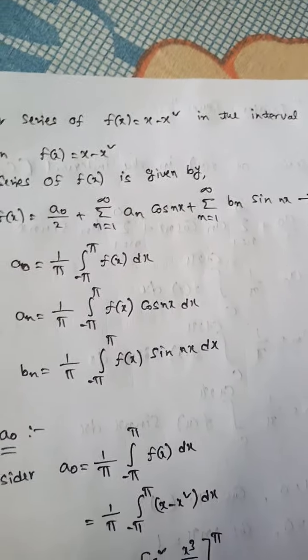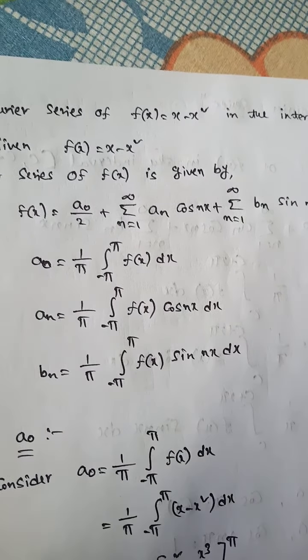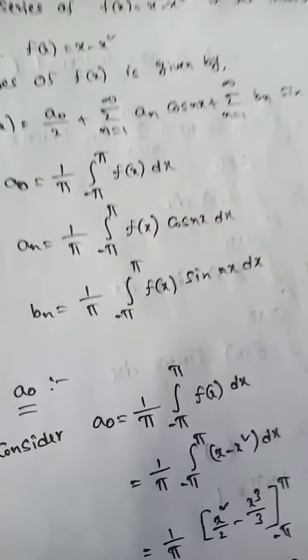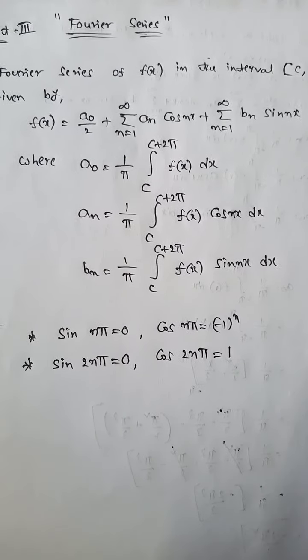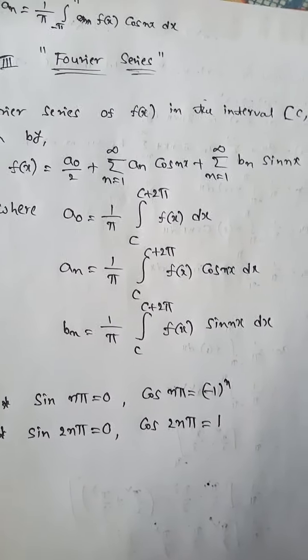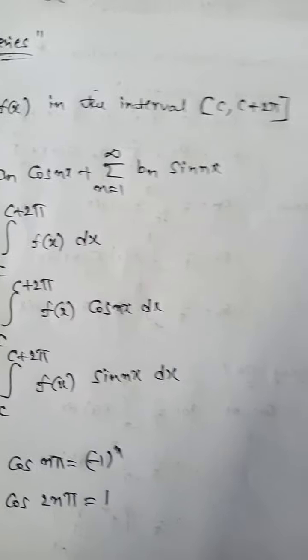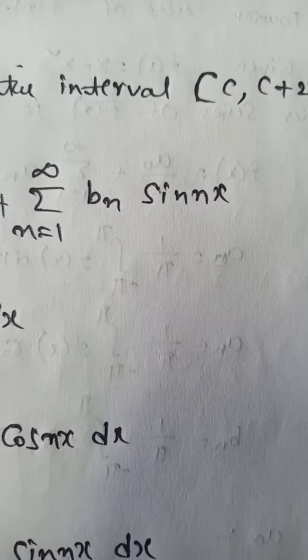Before moving on to the solution of this problem, we should have an idea of the formulas of Fourier series. The formula for the Fourier series of f of x equals a naught by 2 plus sigma n equals 1 to infinity a n cos n x plus sigma n equals 1 to infinity b n sin n x.